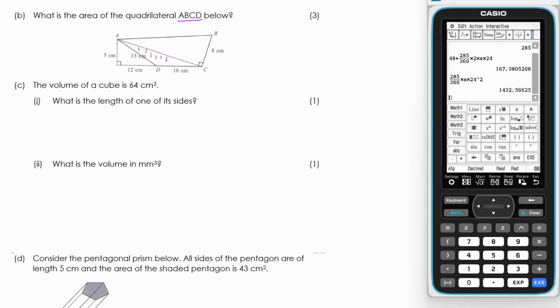So we've got the area of this triangle here and the area of this triangle here. Now, to work out the area of the triangle ABC, we're going to want this length. So the first thing we need to do is work out the length of AC.